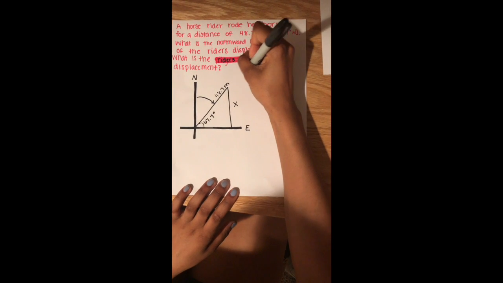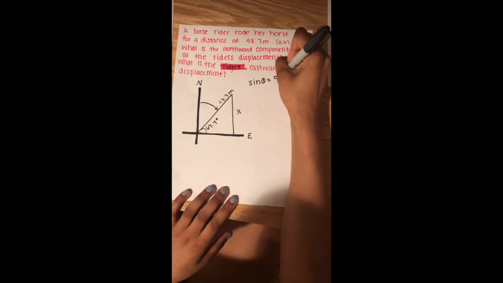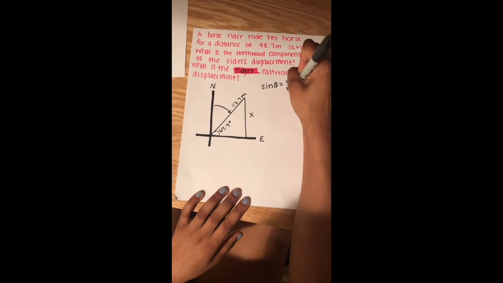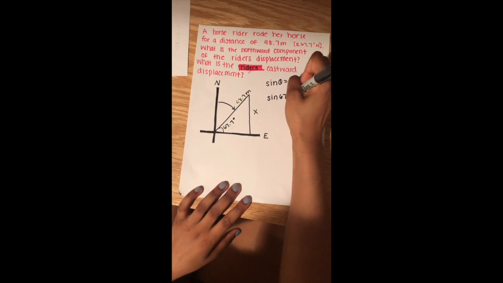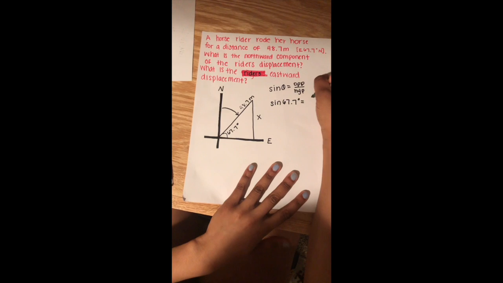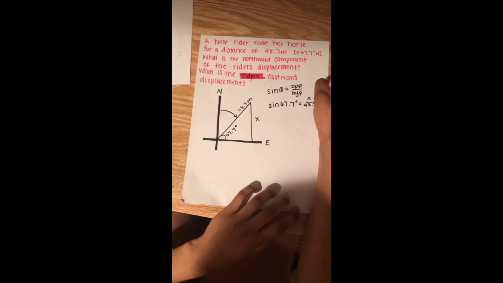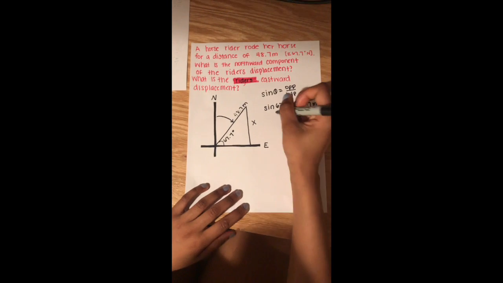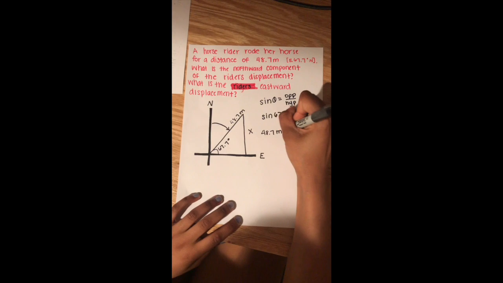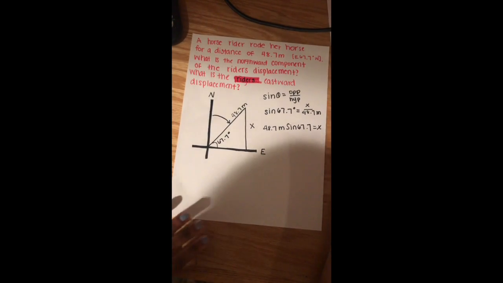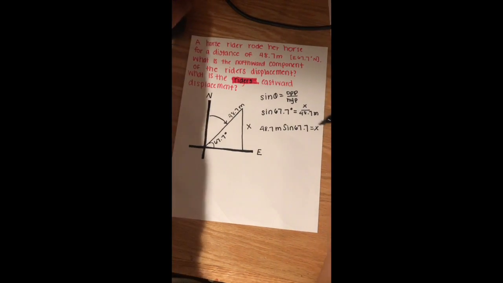We want to find the northward component first, which is here. For this problem, use sine. The equation is sine of theta equals opposite over hypotenuse. Now plug everything in. Sine of 67.7 degrees equals x over 48.7 meters. So you do 48.7 meters times sine of 67.7 equals x.